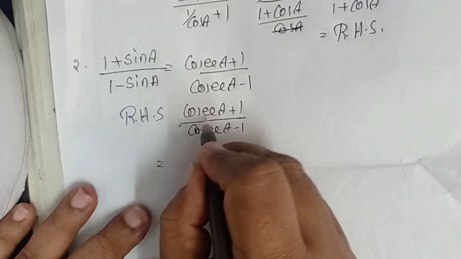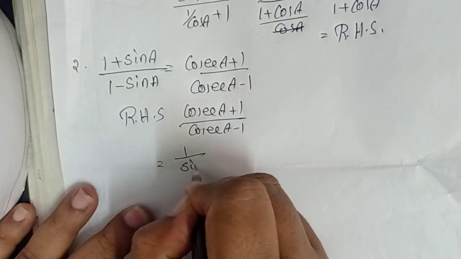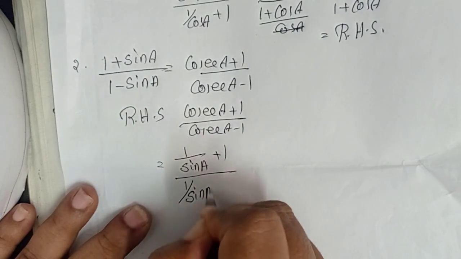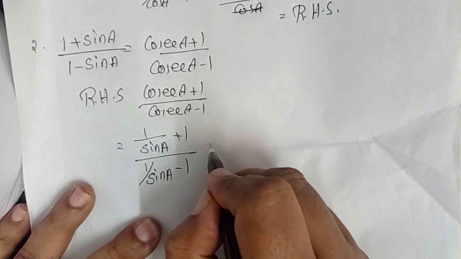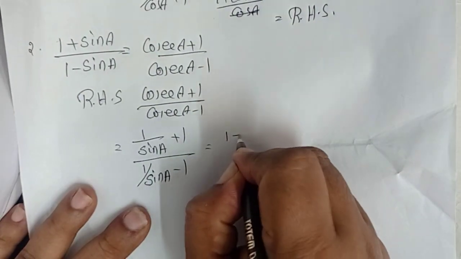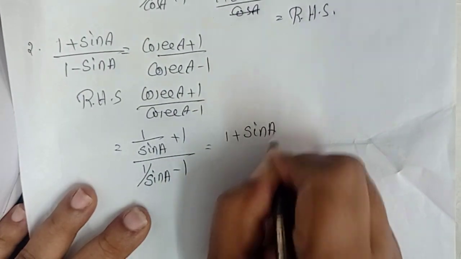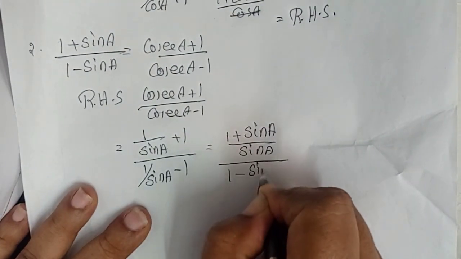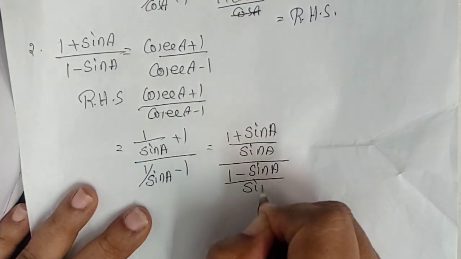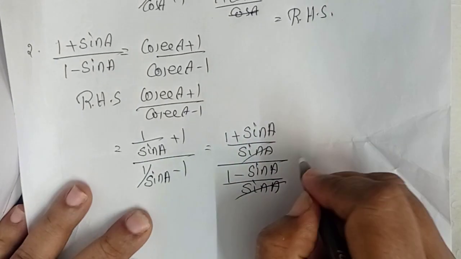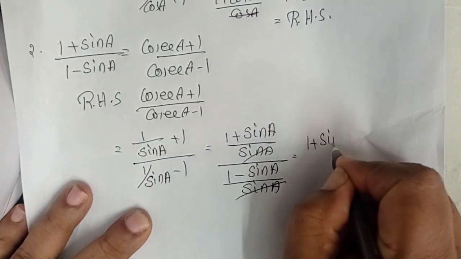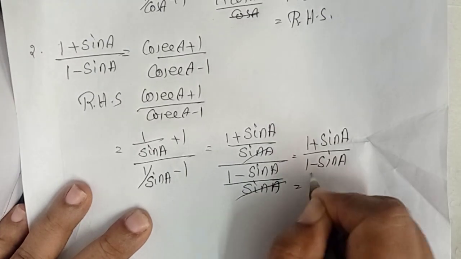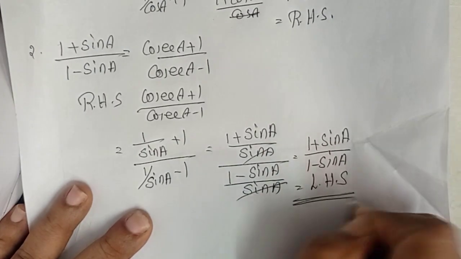That is, cosec A means 1 by sin A, so (1/sin A plus 1)/(1/sin A minus 1). Here also the same procedure, taking the LCM, ((1 plus sin A)/sin A)/((1 minus sin A)/sin A). Sin A cancel, you will get (1 plus sin A)/(1 minus sin A). That is the LHS. Hence proved.